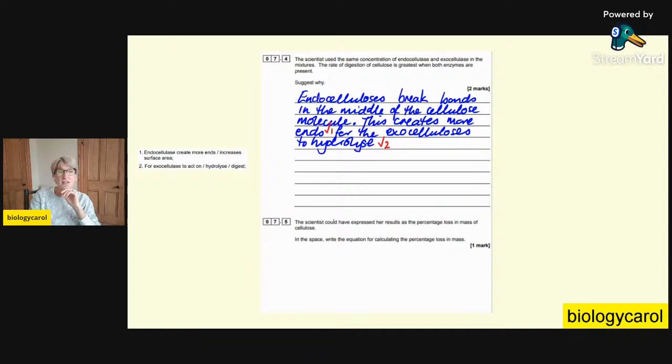Here, the scientist could have expressed her results as the percentage loss in mass of cellulose. Percentage loss. So we've talked about this already.